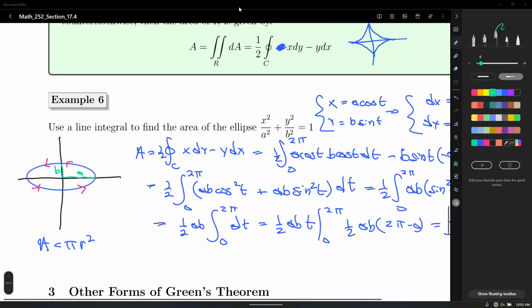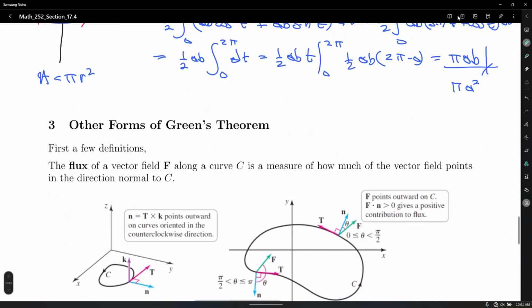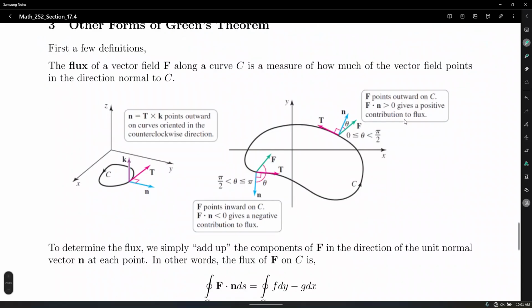Okay. So, the second version of Green's theorem. Remember how we have been finding the circulation by finding the microcirculations in the area? This time, this second version is called the normal version of Green's theorem, because that's the part of the force that represents the divergence, the projections of all these vectors out of the region, not around, right?